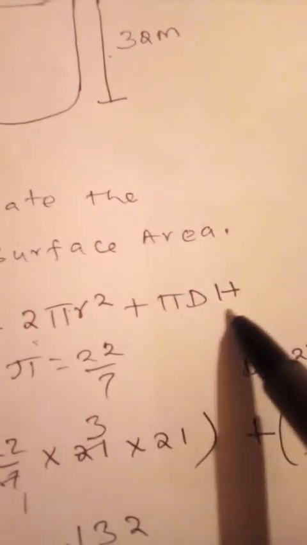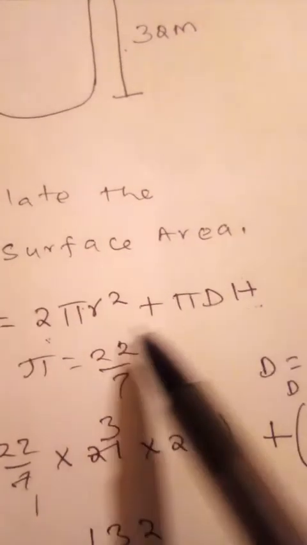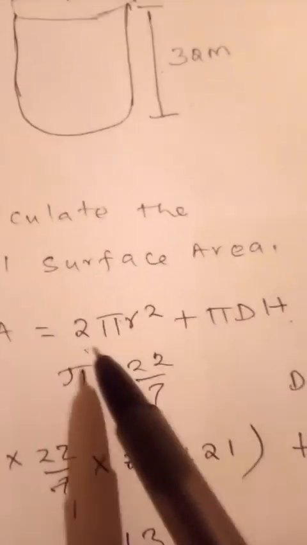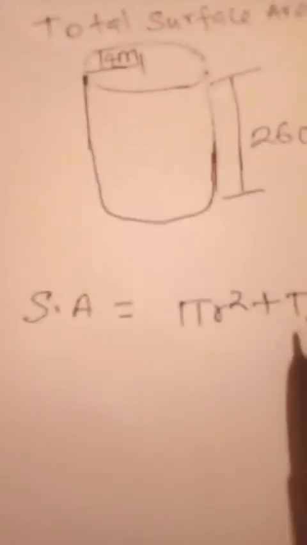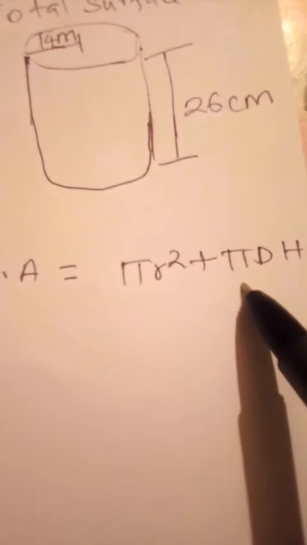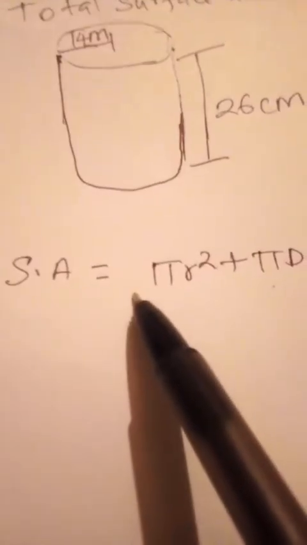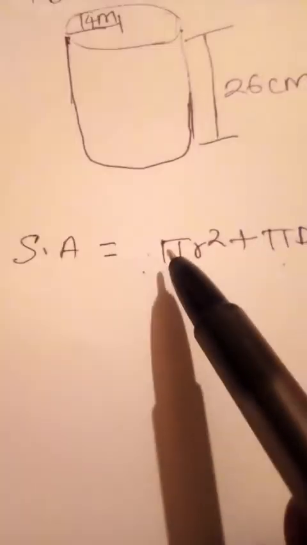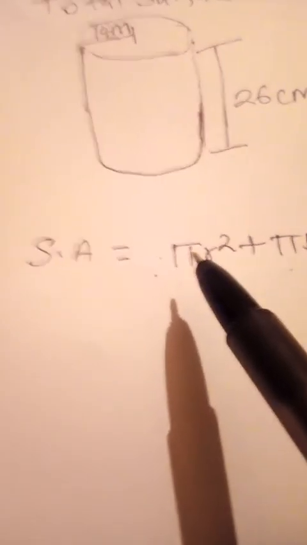This becomes the formula of the total surface area of a closed cylinder. For an open cylinder, we don't place 2 here. That is the big difference that exists. So it is pi r squared plus pi dh.